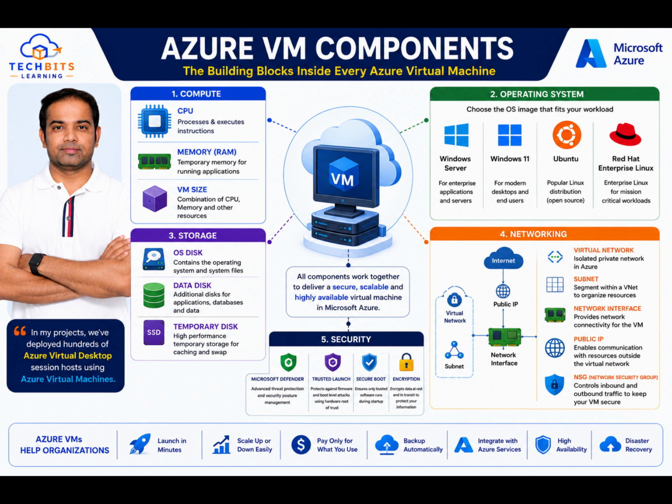Networking consists of virtual network, subnets, network interface, public IPs, and NSG. And at last, security. You have Microsoft Defender, trusted launch, secure boot, and encryption. All components work together to deliver a secure, scalable, and highly available virtual machine in Microsoft Azure.